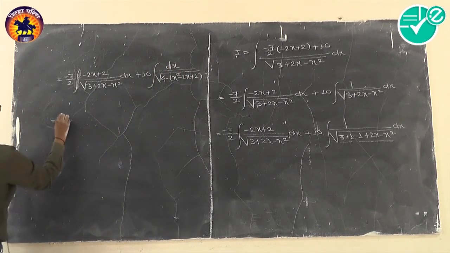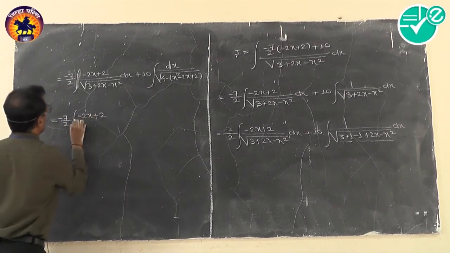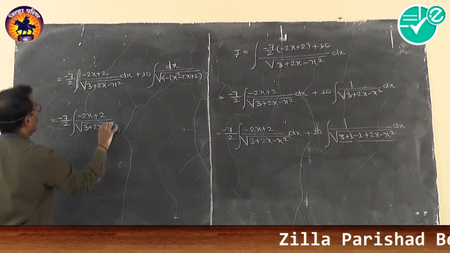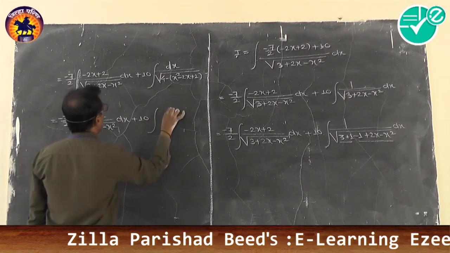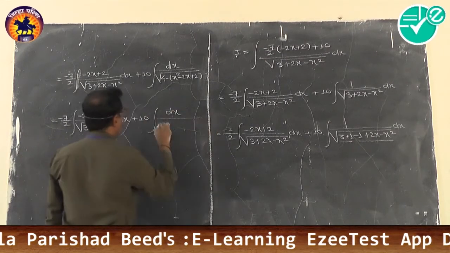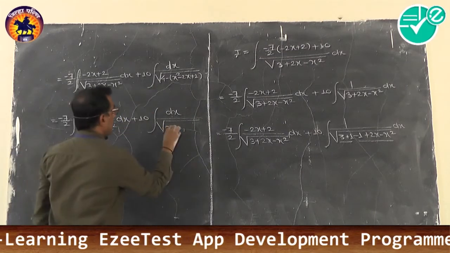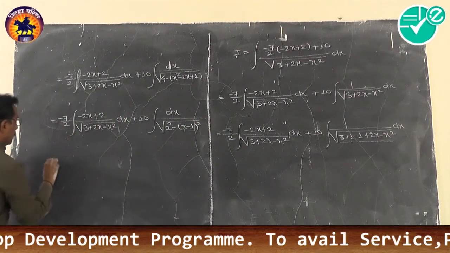Now perfect squaring. Minus 7 by 2 integration of minus 2x plus 2 upon square root of 3 plus 2x minus x square dx, plus 10 times integration of dx upon, I want perfect squaring. If we make square, it is 2 square and this is a perfect square of x minus 1. I think all formulae we know.